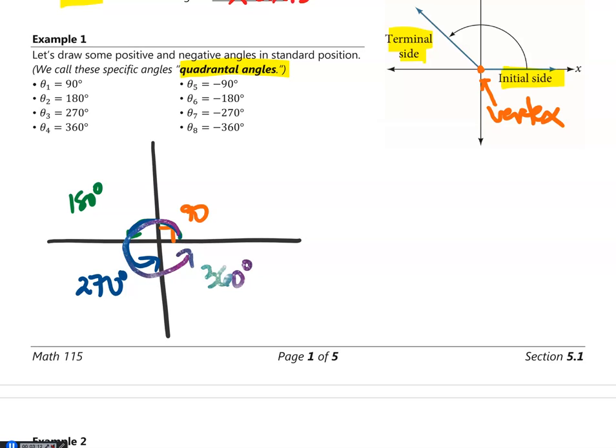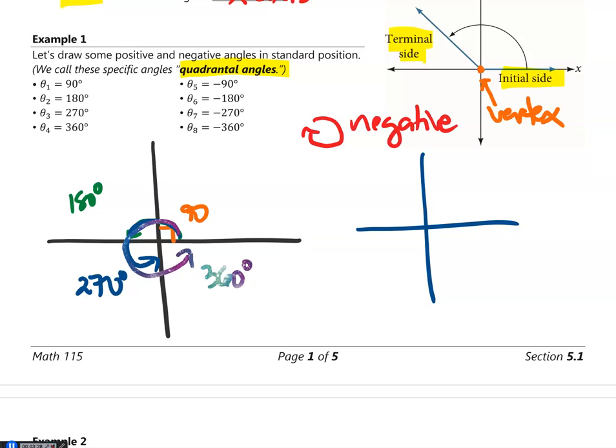Next one, negative 990 degrees. Negative, that is clockwise. So think about, if it's clockwise, that is negative. Earlier was counterclockwise, and that's why it is positive.